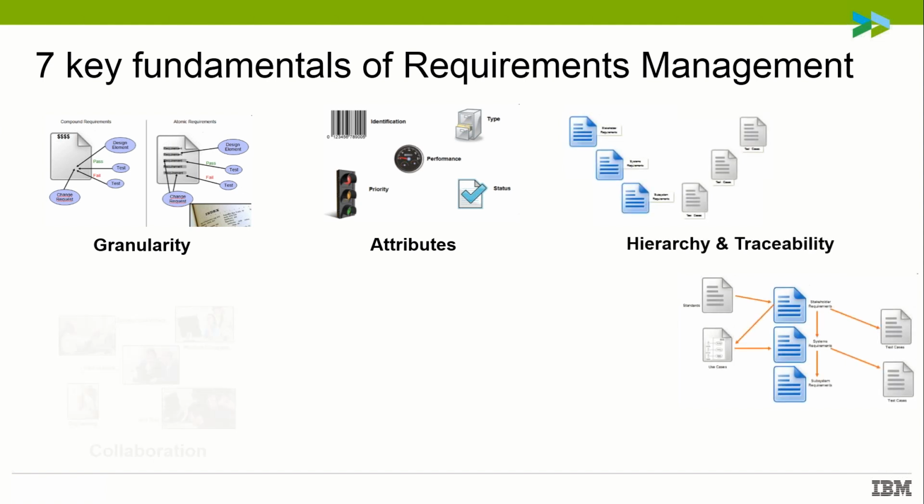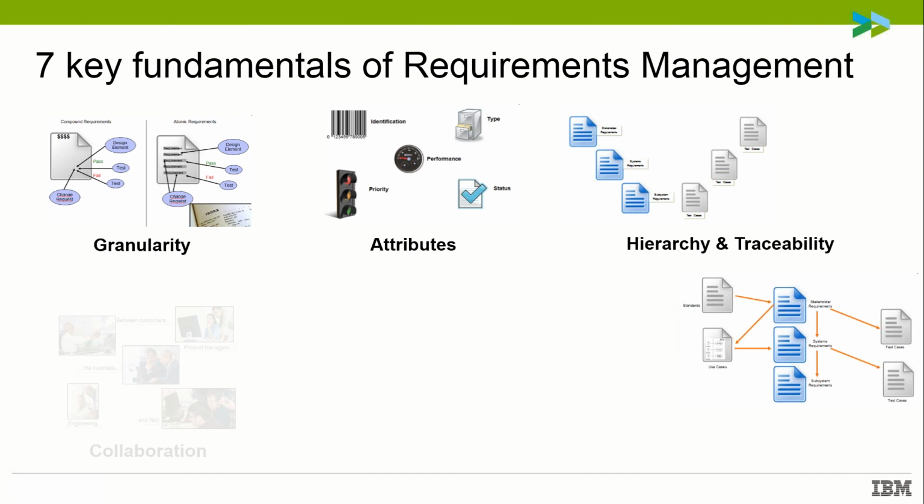The next 2 are kind of related, and they are hierarchy and traceability. So hierarchy, first of all, gives us the context for our requirements. We're making sure that the right people are going to see the right requirements, and only the right people are seeing those requirements. And with traceability, again, we're making sure that we're keeping track of all of our requirements.